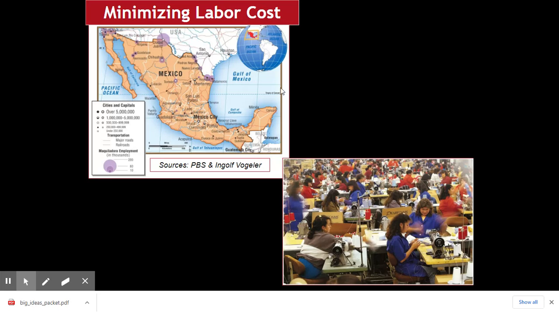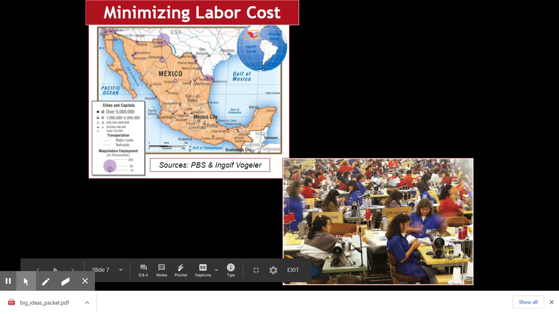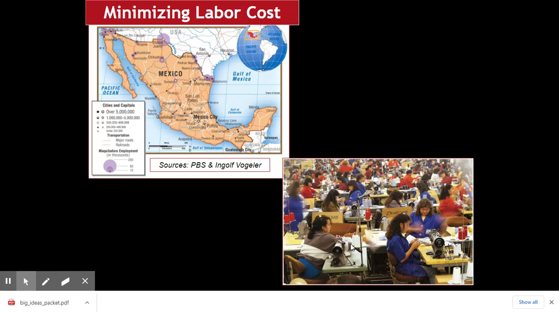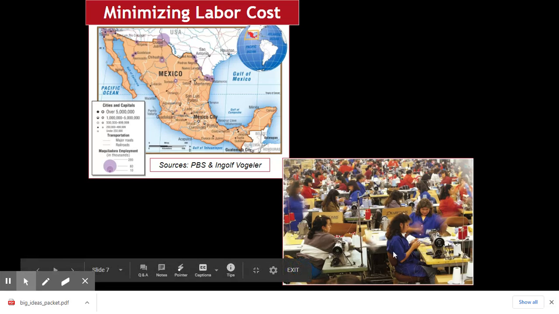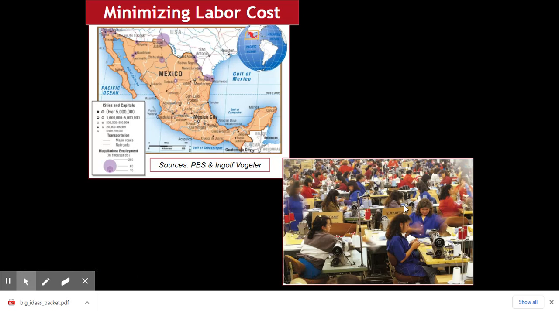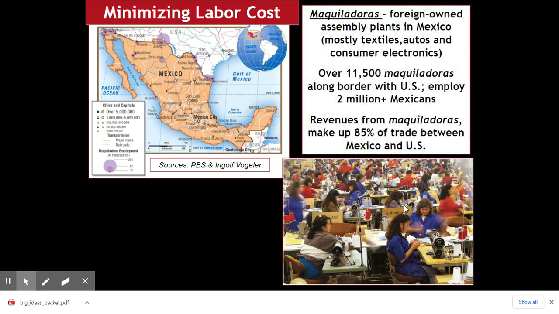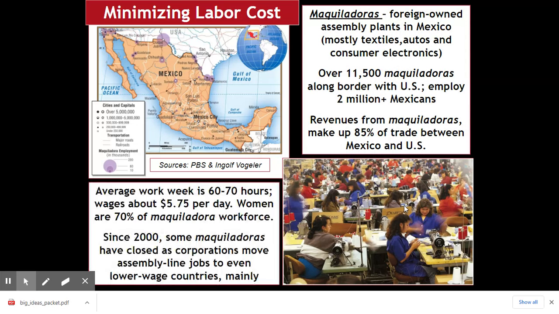People work about 60 to 70 hours a week, and it sounds horrible, but they're only getting almost like $6 a day. Most of the workers are women, and it employs about 2 million people from Mexico.